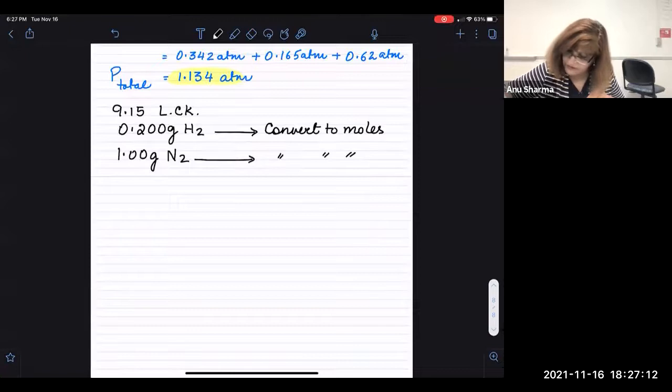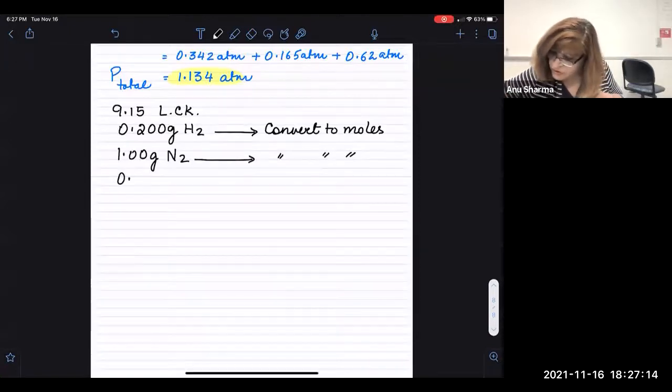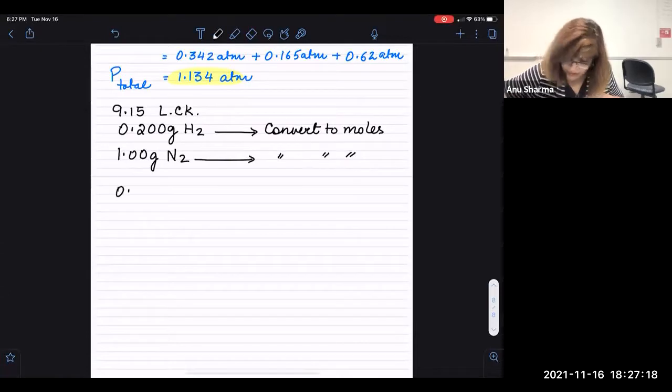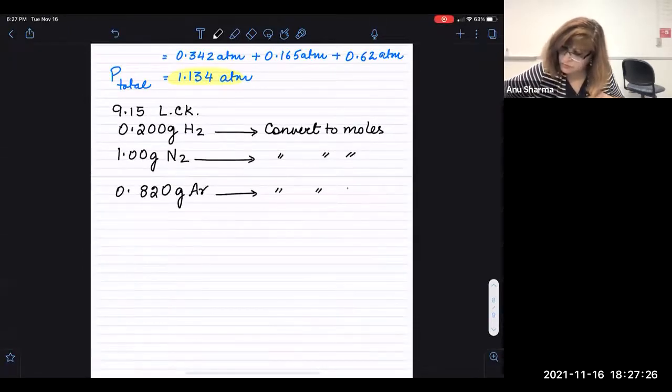Same story with the argon. You are given 0.820 grams of argon. Same thing, convert to moles.